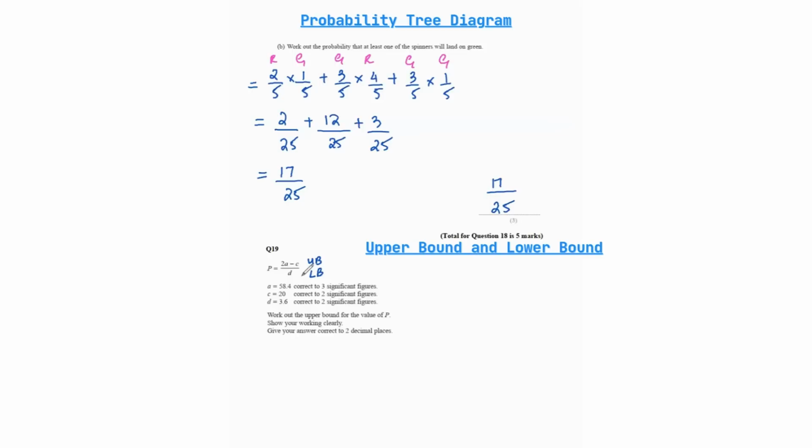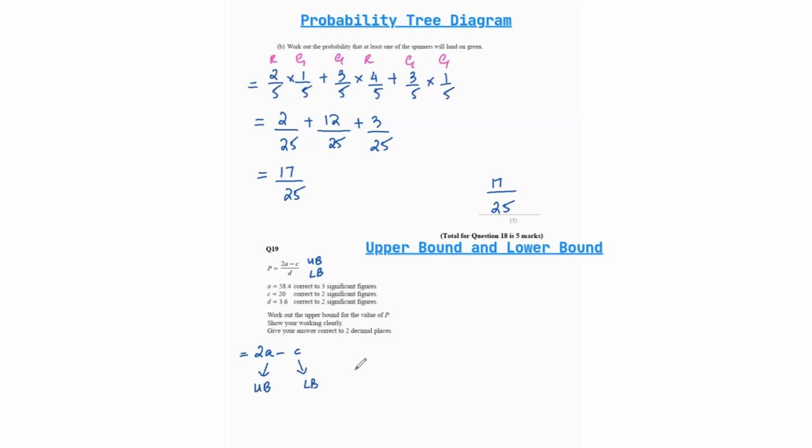So for upper bound divided by lower bound, we need to find the upper bound of the numerator. Now in the numerator, there's subtraction happening. So in subtraction, if we write this down separately, 2A minus C. For subtraction, if we're trying to find the upper bound, that means we subtract upper bound and lower bound.